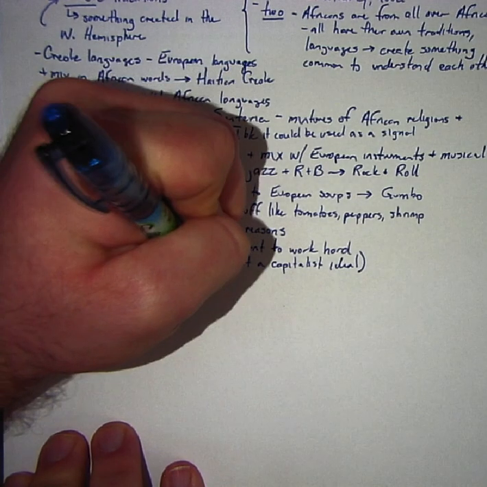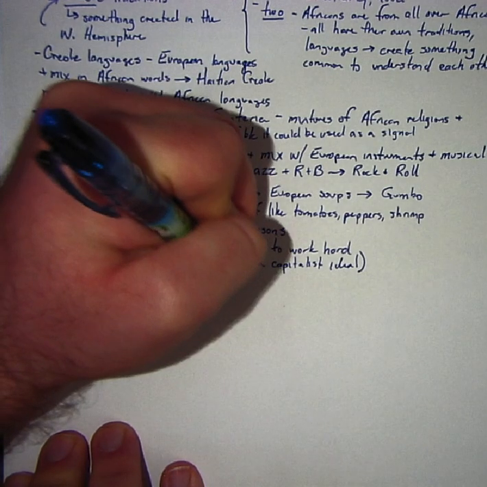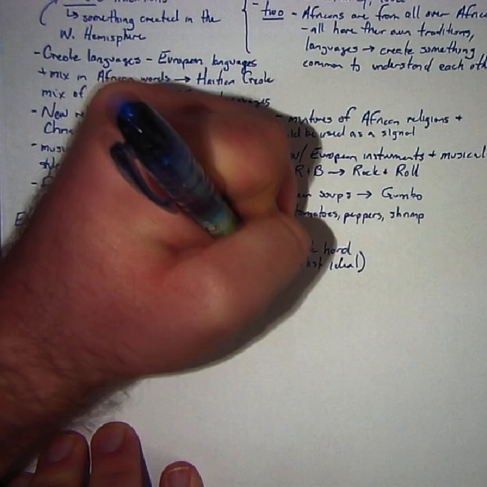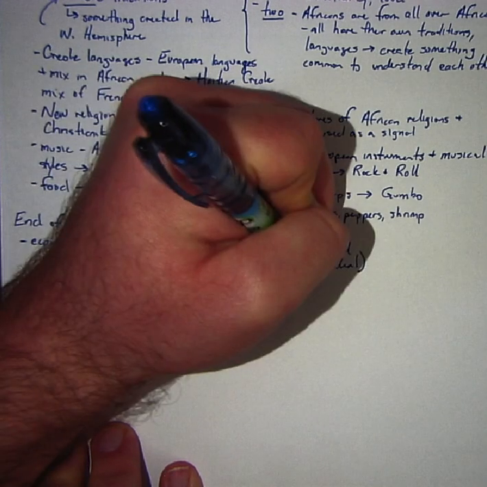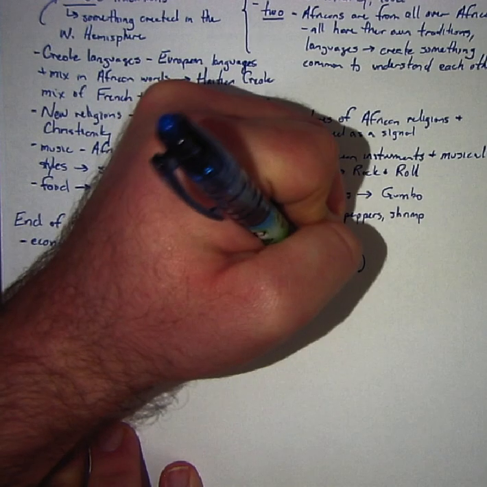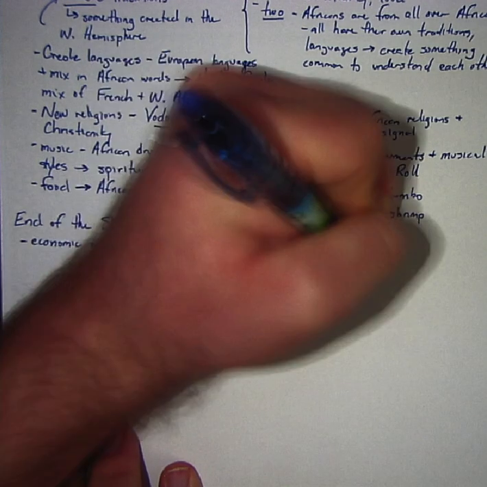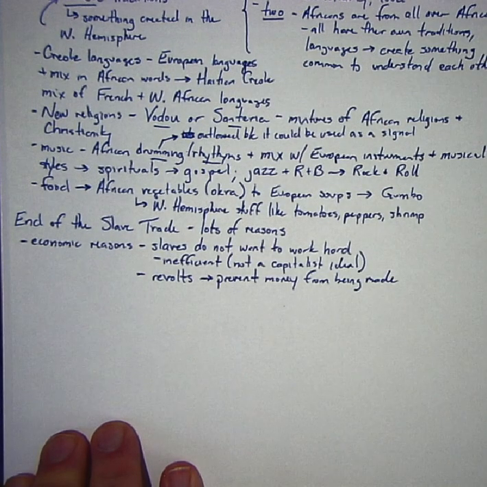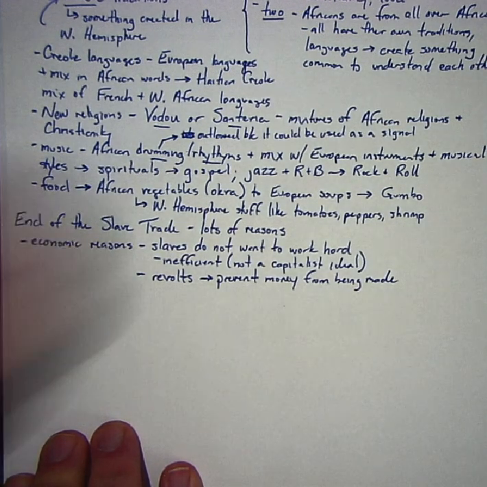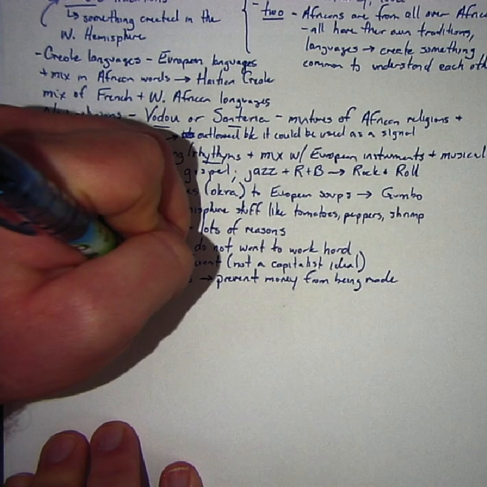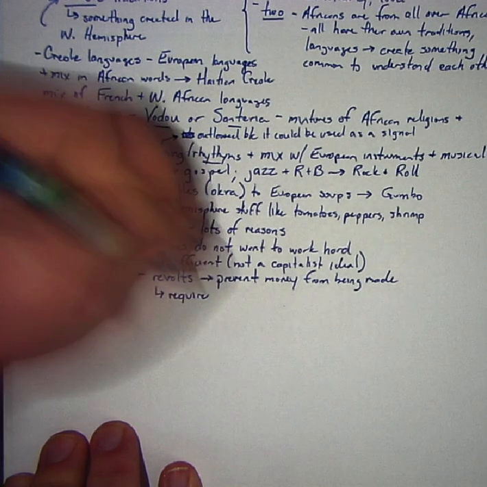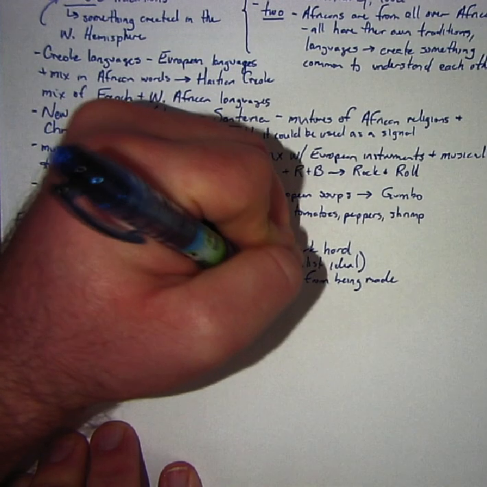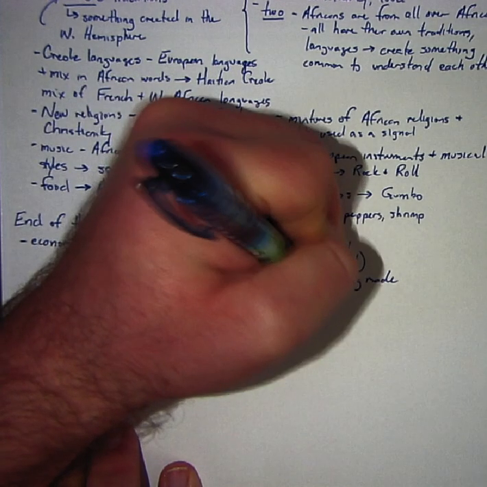Revolts by themselves prevent money from being made, because if they're revolting, they're not working. Revolts also require more security, which costs money.